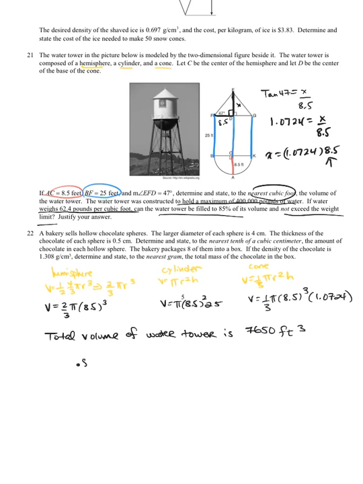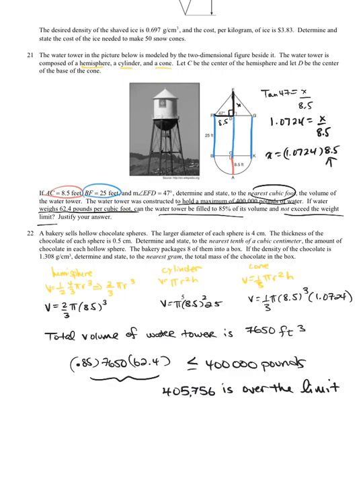So we need 85% of the volume times 62.4. We need to see whether or not this is less than or equal to 400,000 pounds. So you type this into your calculator and see whether or not it's less than or equal to that. So as you can see, I got 405,756 pounds, which is over the weight limit.